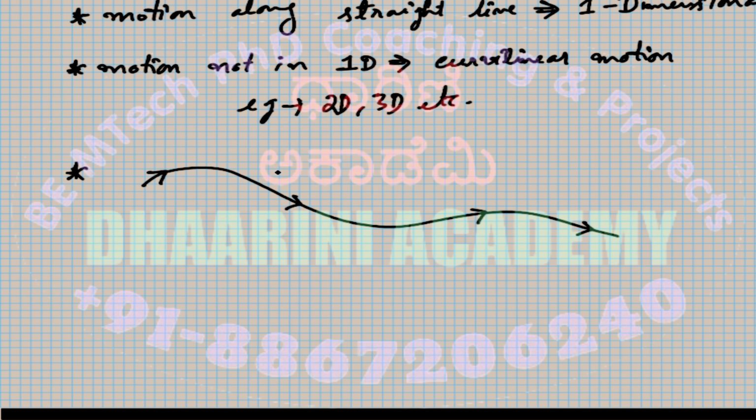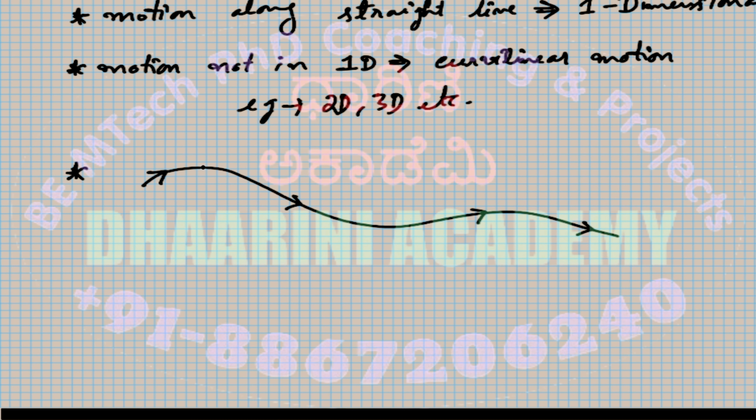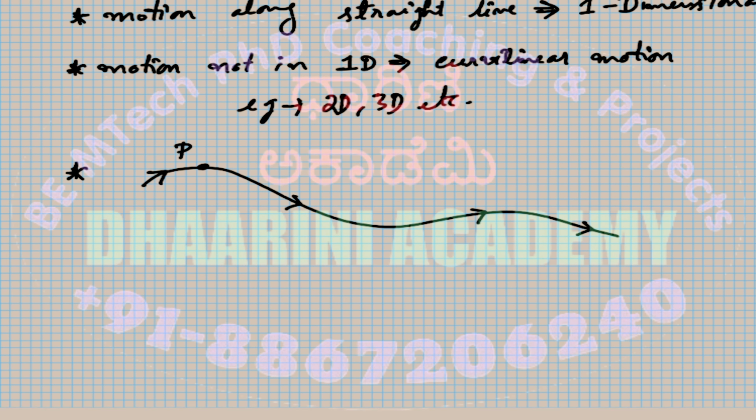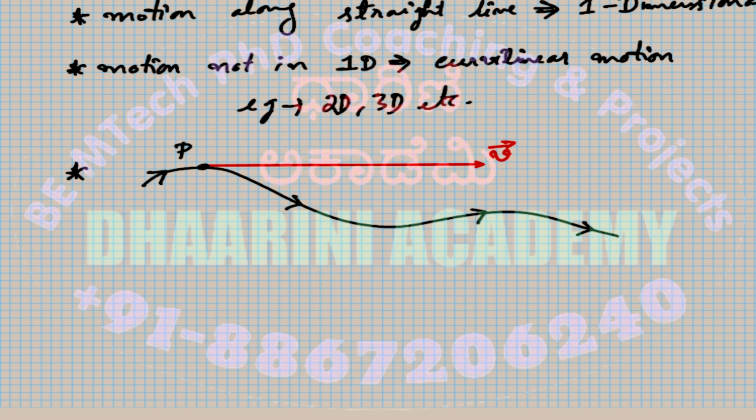At a particular point, let me consider a point P. At this particular point, the direction of velocity is always along the tangent drawn at that point. So this is the V, velocity component.